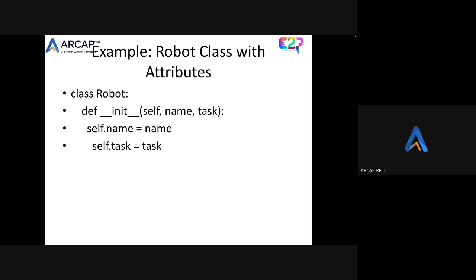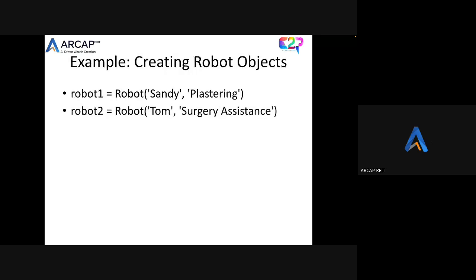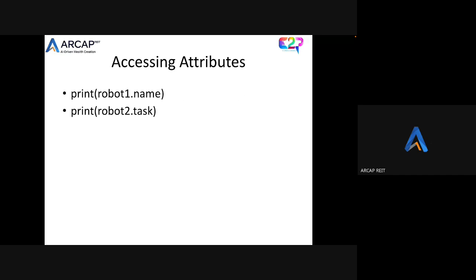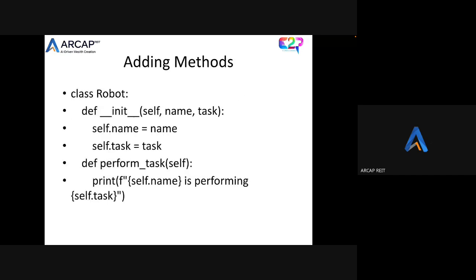Like a robot class with attributes like self name and task, we can give multiple attributes and also methods. Here for a robot, the method we are preparing is perform task. Whenever a task is sent, we wrote to print that name is performing that task.